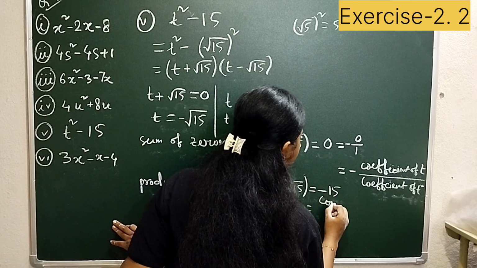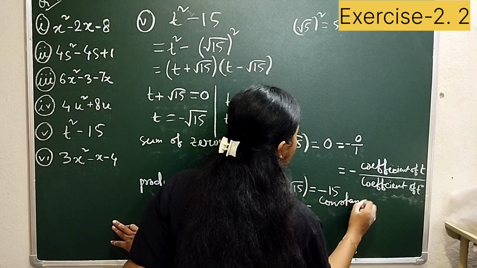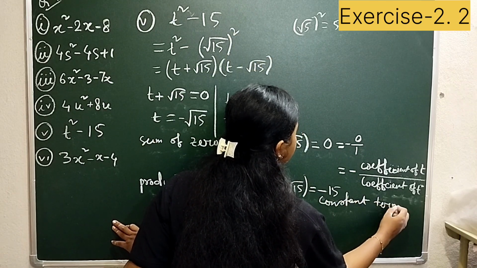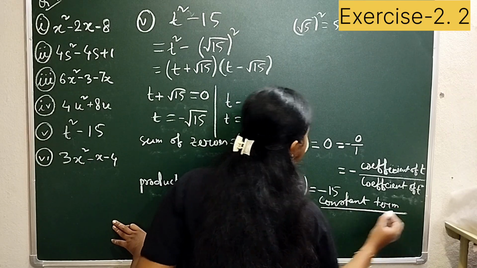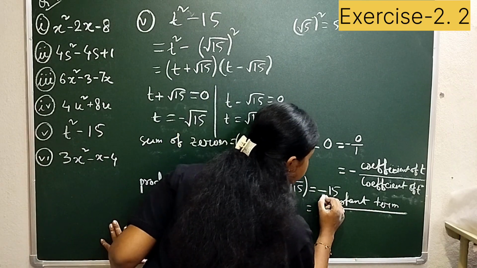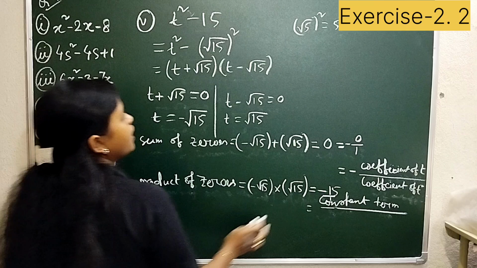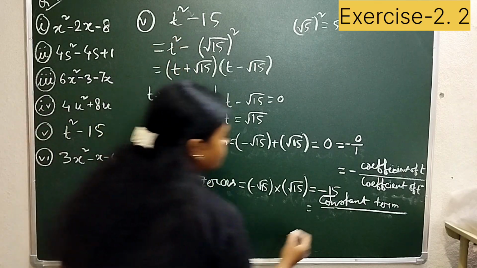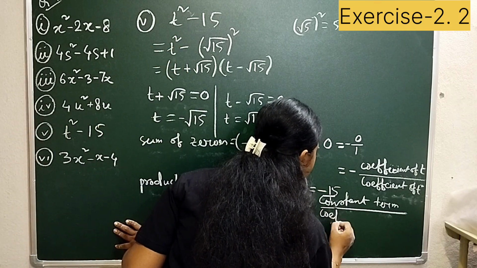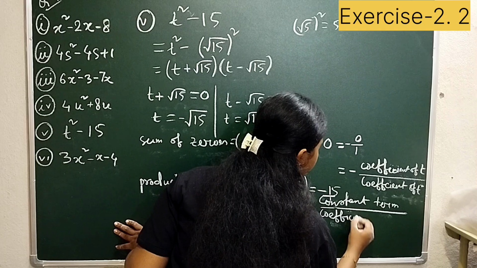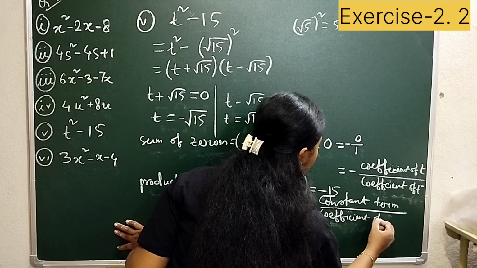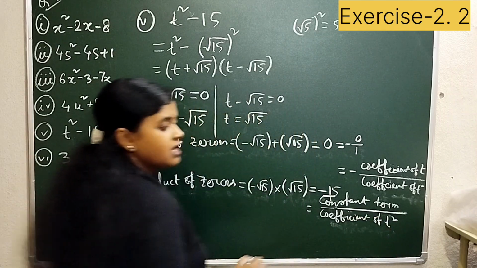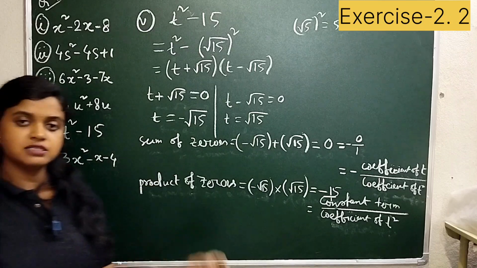So constant term divided by, we can write here 1, and 1 is the coefficient of t square. So constant term divided by coefficient of t square. This is the required answer.